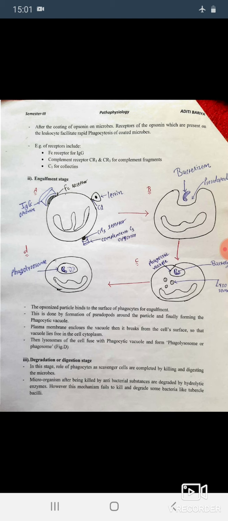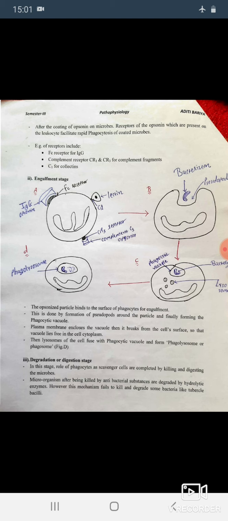In this stage, in the phagolysosome, the microbes are killed, or you can say digested, by the scavenger cells, meaning macrophages and neutrophils. Microorganisms, after being killed by antibacterial substances, are degraded by hydrolytic enzymes, however the mechanism fails to kill and degrade some bacteria like tubercle bacilli.